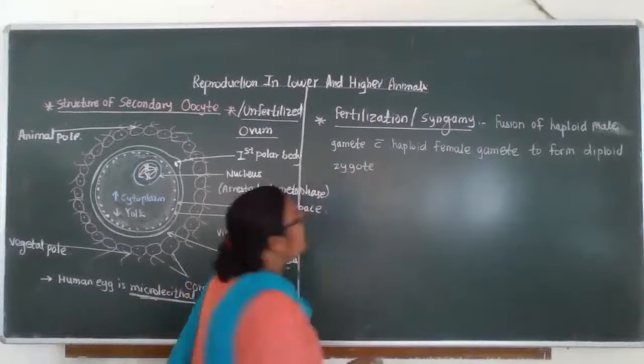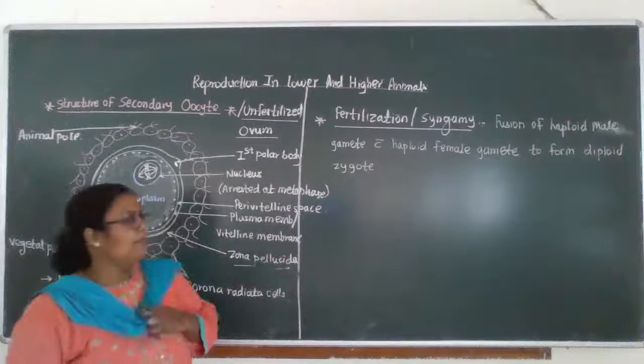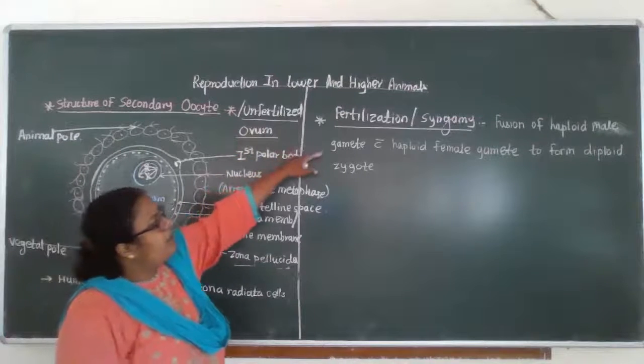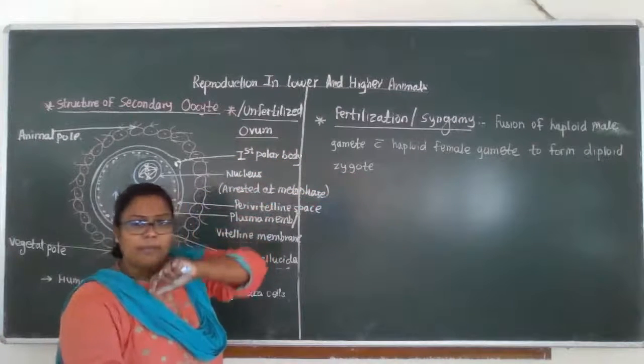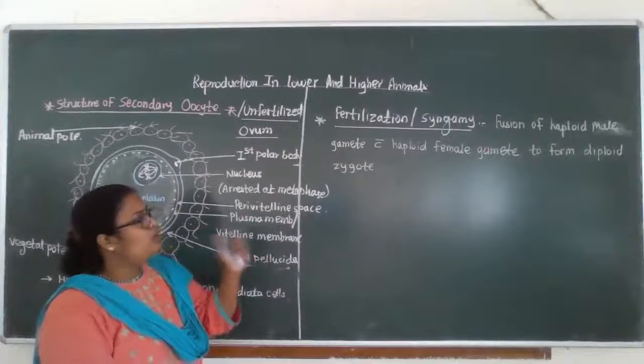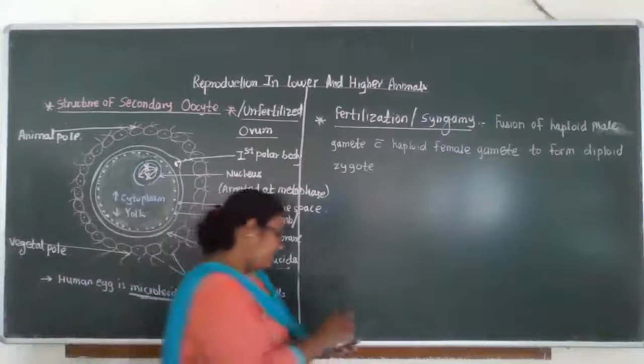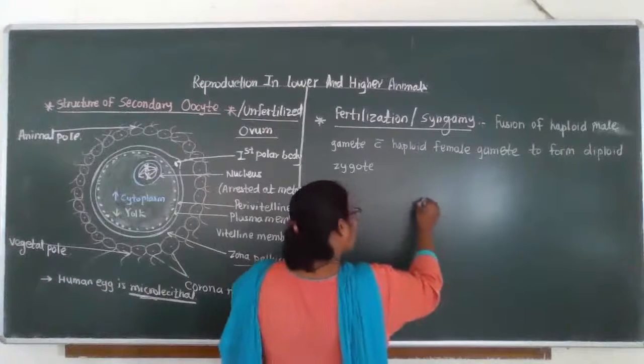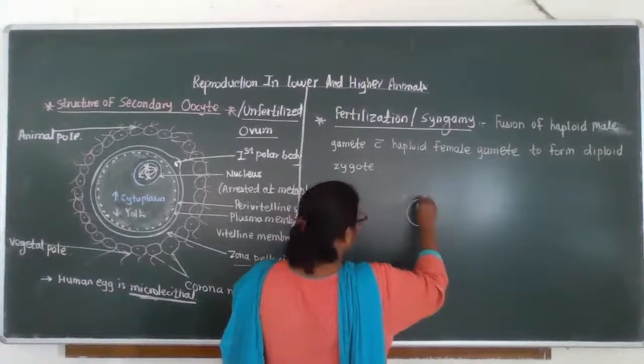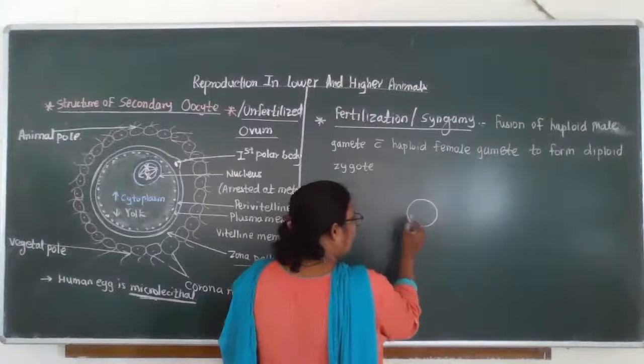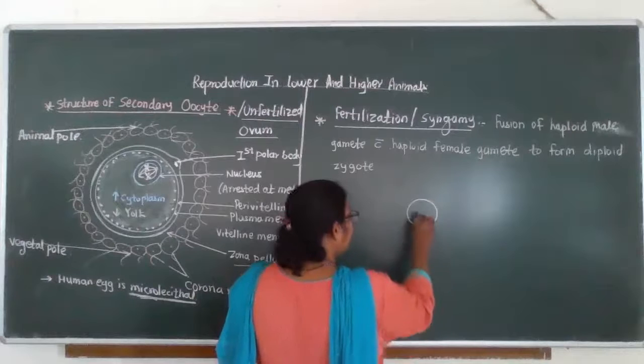So the definition is very, very simple. It's a fusion of a haploid male gamete with a haploid female gamete to form a diploid zygote. Simple. It is a biochemical process, where biochemical and physiological change happens.